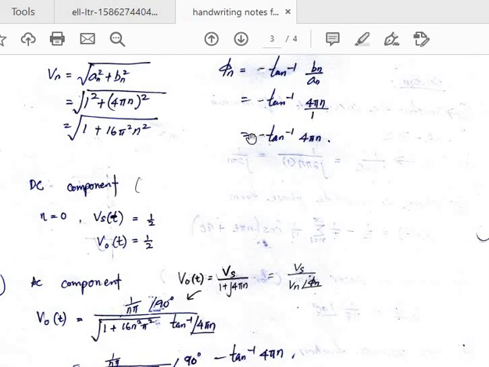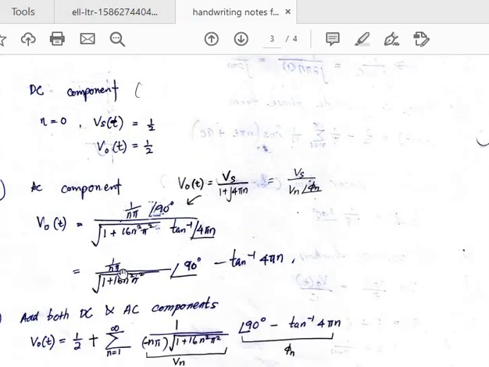So you write it this way: this is Vs, this is Vn. This is the amplitude and this is the phase. The phase is 90 degrees minus inverse tangent 4 pi n.